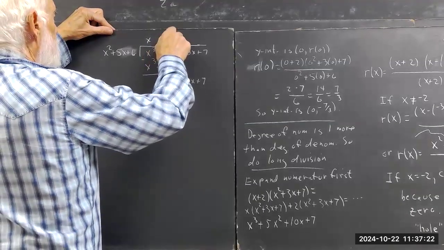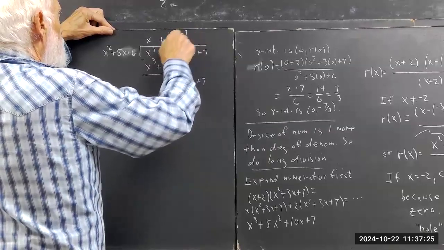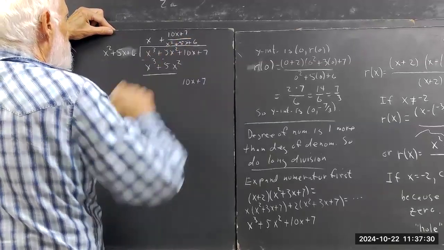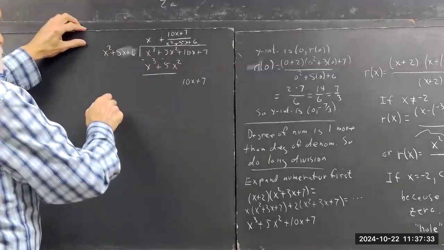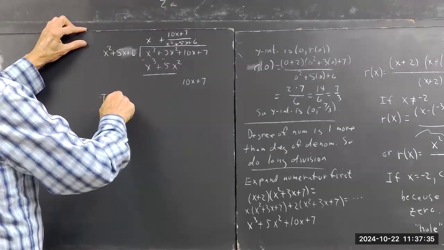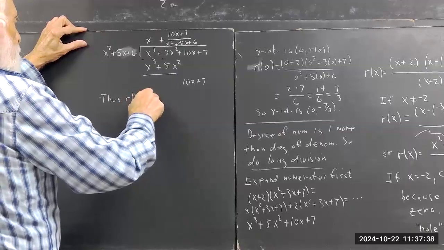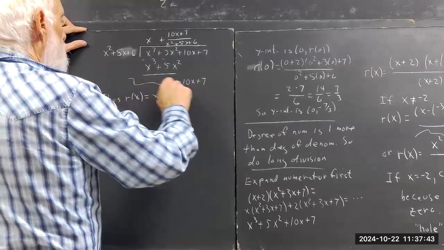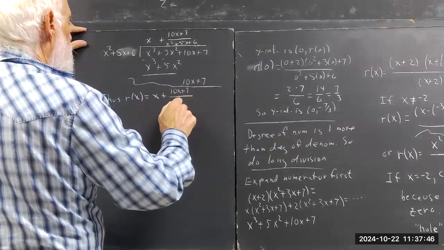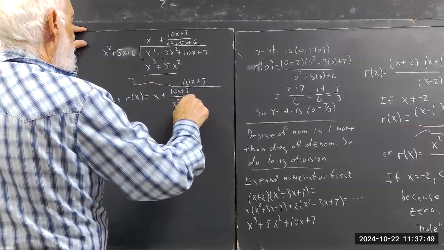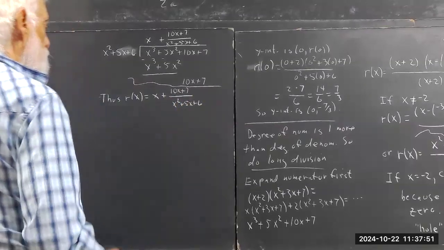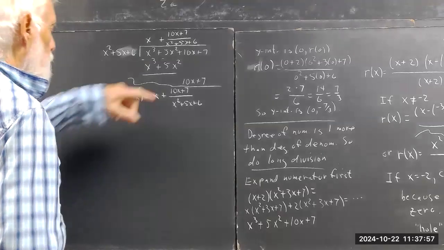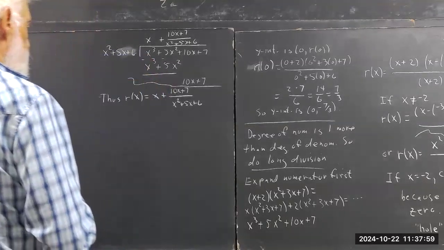So we have x plus 10x plus 7 divided by x squared plus 5x plus 6. When x gets big, this goes to 0.